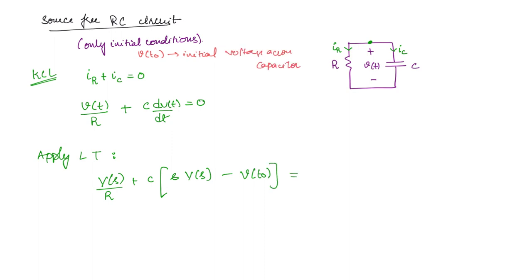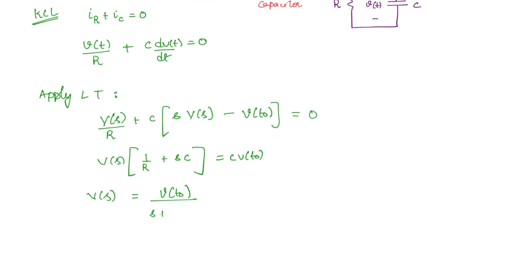Now this is equal to 0. So V of s, if we take it out common, 1 by R plus sC is equal to C V of t naught. So finally V of s, you are going to get V of t naught divided by s plus 1 by RC.